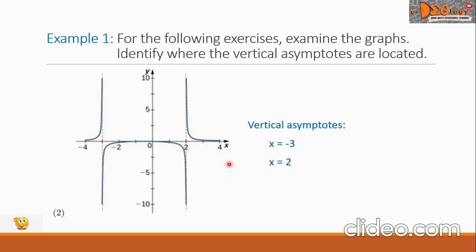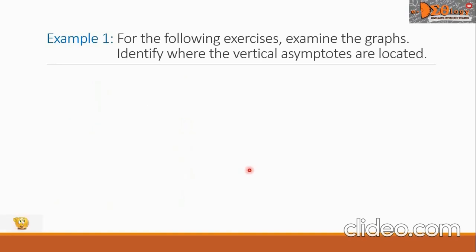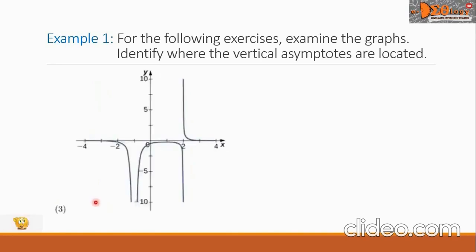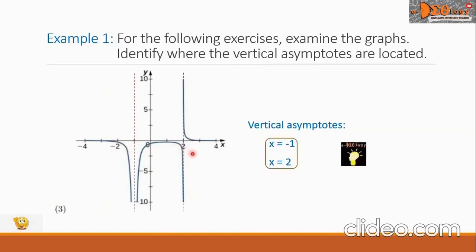So the vertical asymptotes are x equals negative 3 and x equals positive 2. These are the answers. Graph number 3. Examining the graph, we can see that asymptotes will come here and here. So we write x equals negative 1 and x equals positive 2. These are the answers.